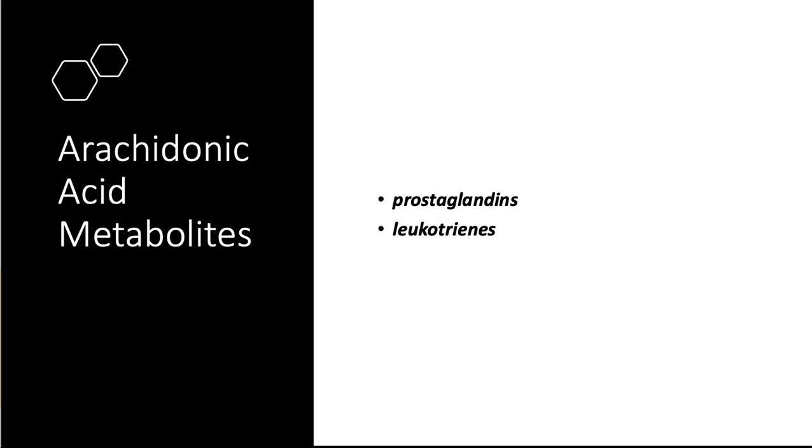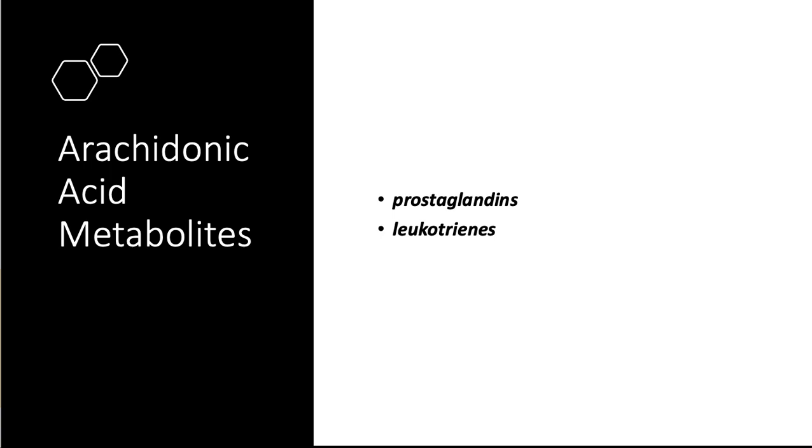Mechanical, chemical, and physical stimuli or other mediators trigger the release of arachidonic acid from membranes by activating cellular phospholipases, mainly phospholipase A2. Once freed from the membrane, arachidonic acid is rapidly converted to bioactive mediators.